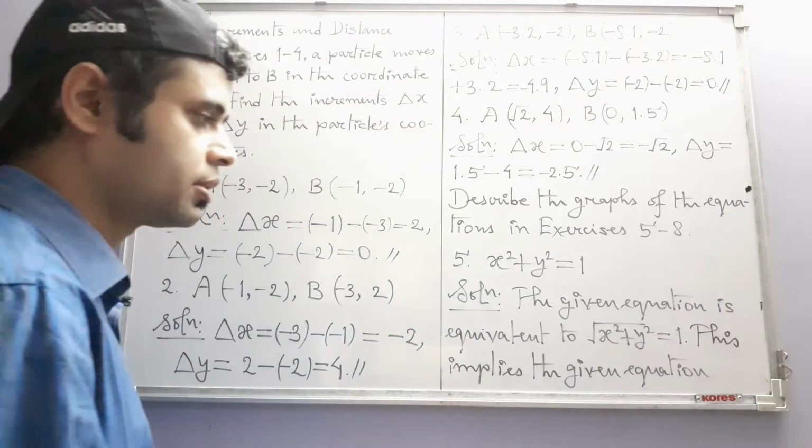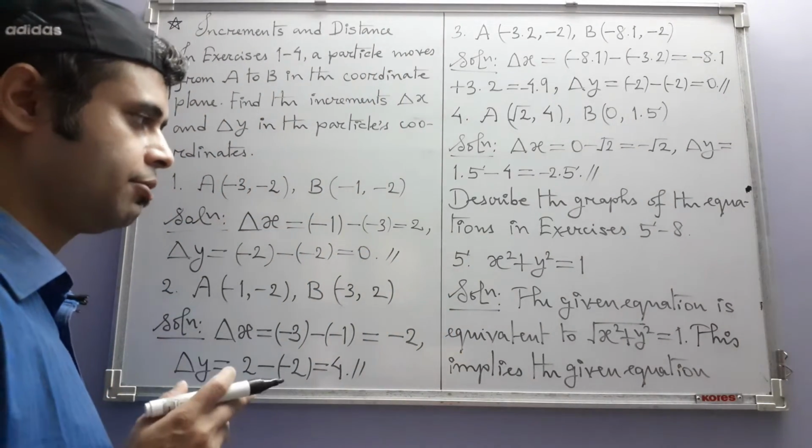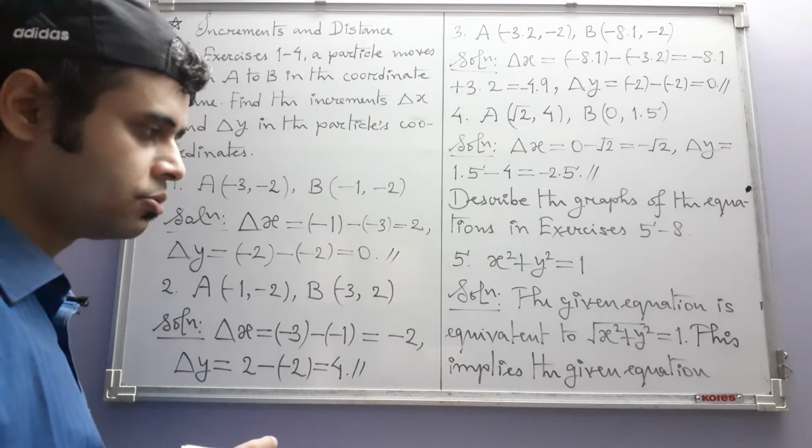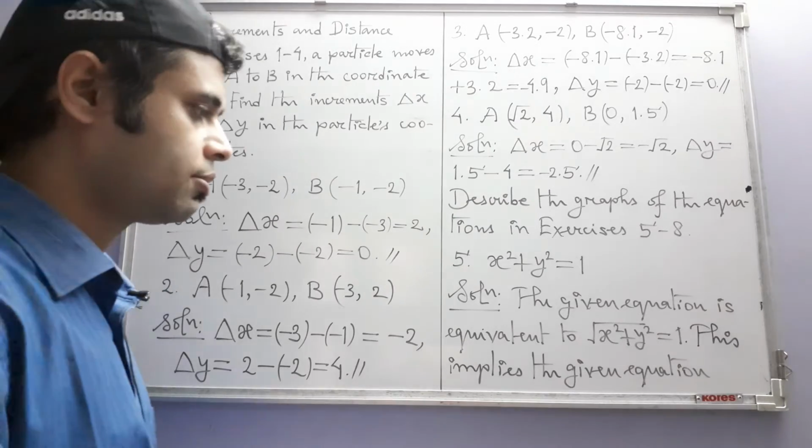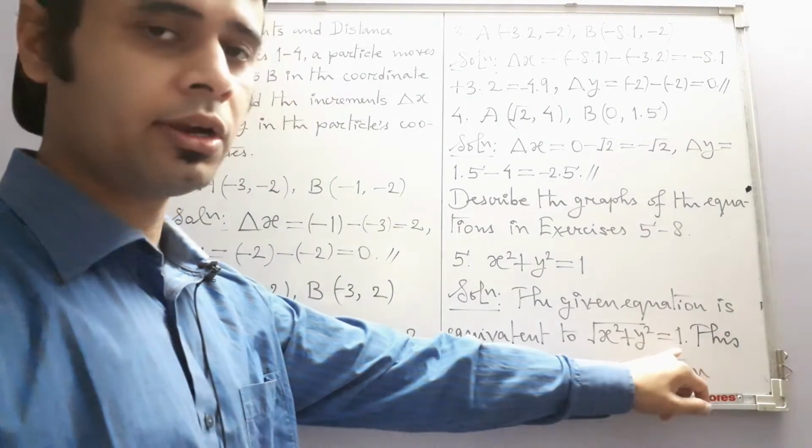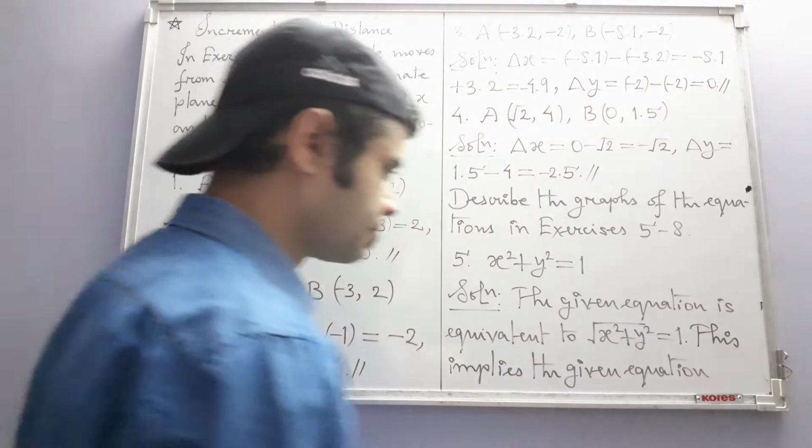The given equation represents the set of all points whose distances from the origin are all equal to 1.